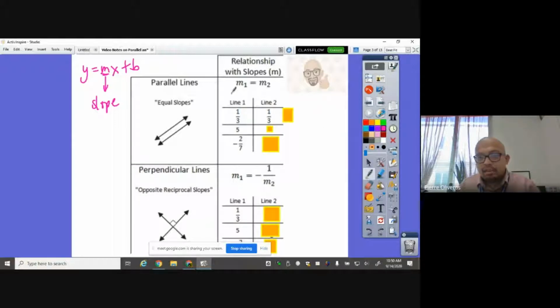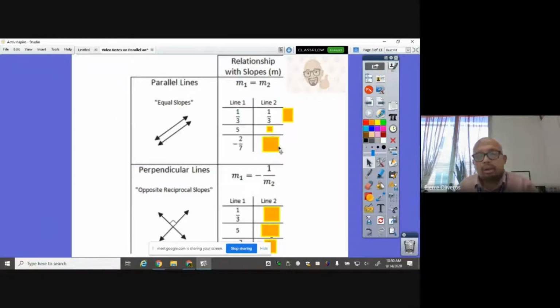For instance, if the equation for line 1 is y equals 1/3 x plus 2, the other line must have y equals 1/3 x minus 3. The y-intercept could be any number, as long as the slope here is 1/3 and likewise over here. So I can say that the two lines are going to be parallel.